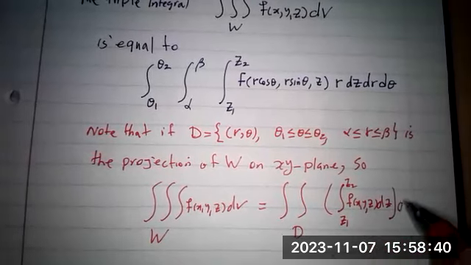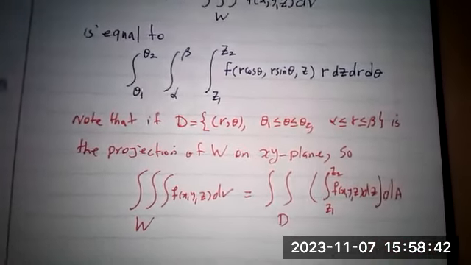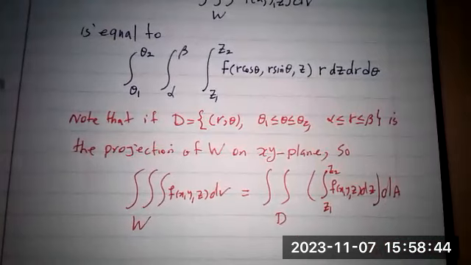When you're done, you integrate with respect to x and y. So if you forget about z, it's a double integral that you would like to evaluate in polar form. That's why everything you learned about polar form helps you.